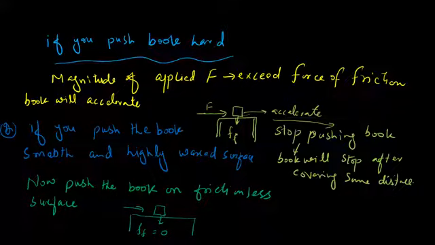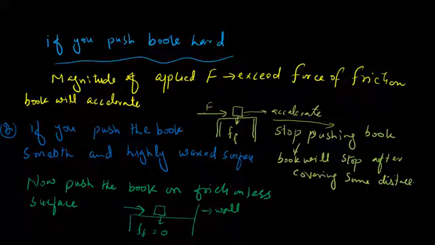Since there is no force of friction, in such a case the book will keep moving. It will move until it hits a wall or any other type of obstacle. Let's suppose this is the wall. If the book hits the wall, then it will come to rest.